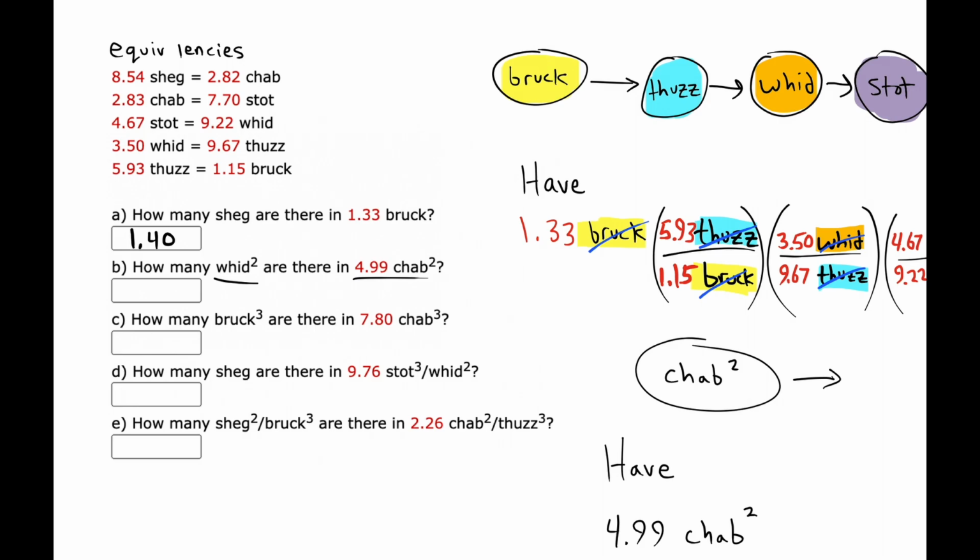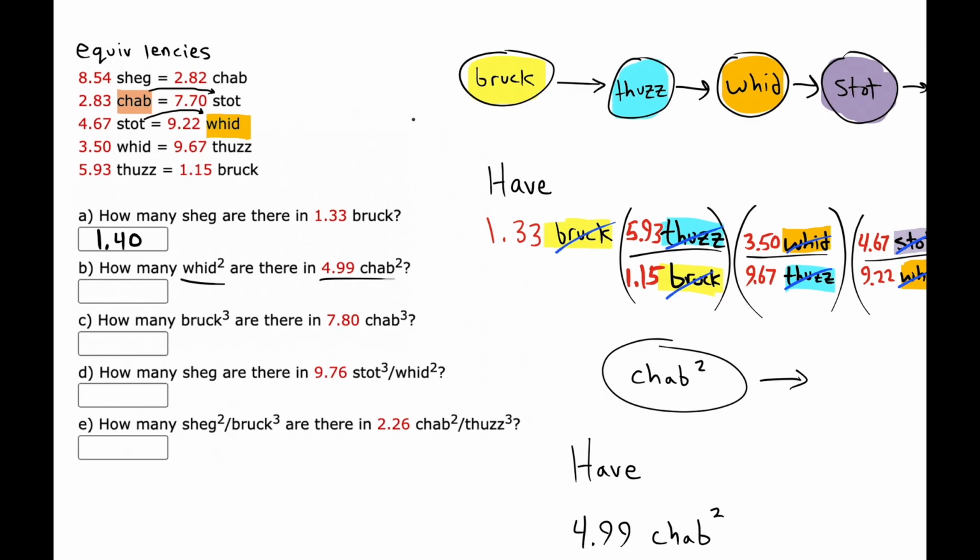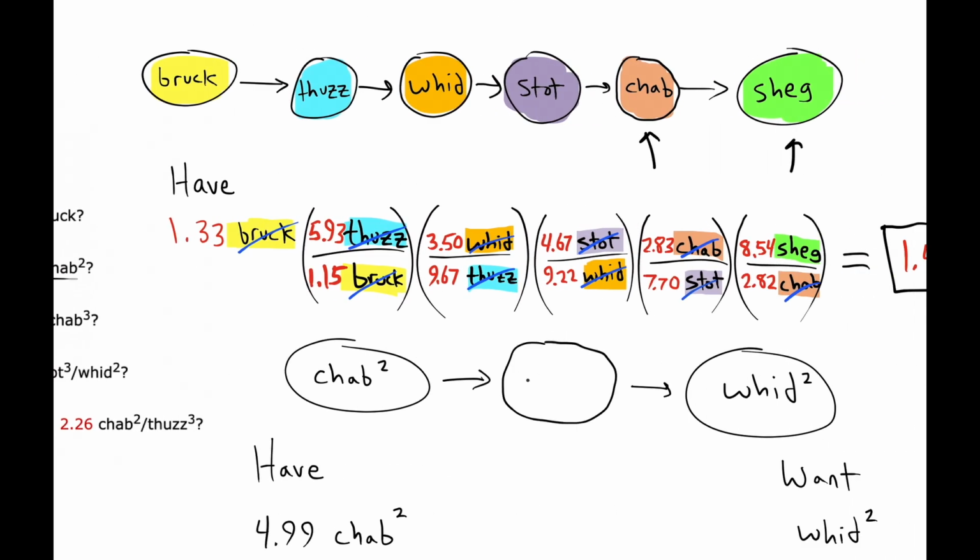Unfortunately, we don't have a direct conversion. But what we can do is we can go from chab to stot and then from stot to wid. So it'll require 2 steps. So let's put stot squared in between the chab squared and wid squared.